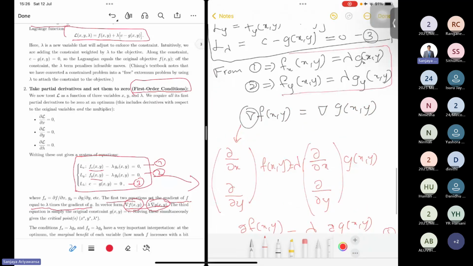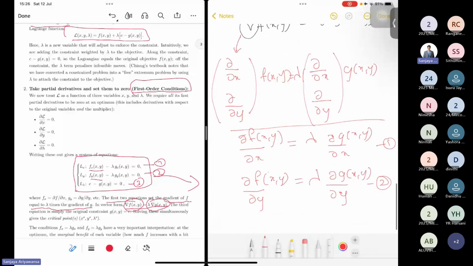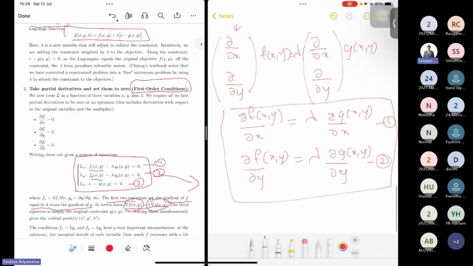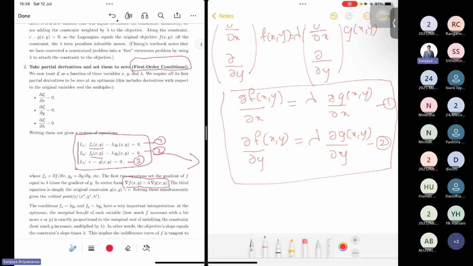So I've simply put it as f of x, xy, f of y, xy. But what you're really doing is something like this. And what this symbol over here does is simplify writing all these big equations. You can put it like this. So the gradient function, right?